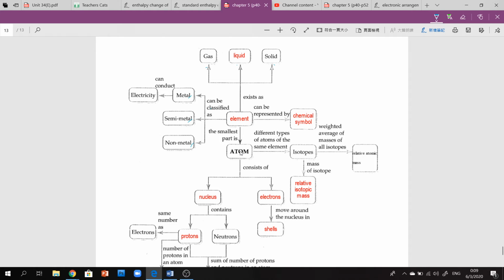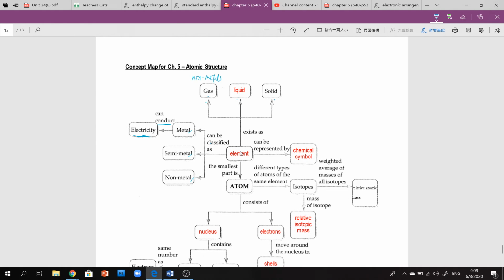The main way of classifying them is by testing the electrical conductivity.